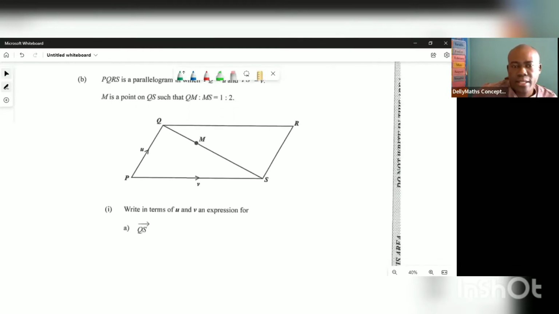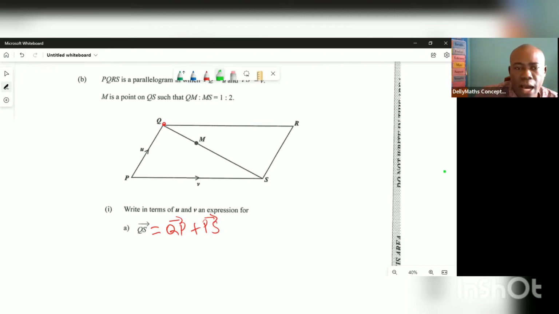Write in terms of U and V expressions for QS. So let's find QS. Based on what I have now, I will be moving from Q to P, and then I'll be moving from P to S. So I would have accomplished that.